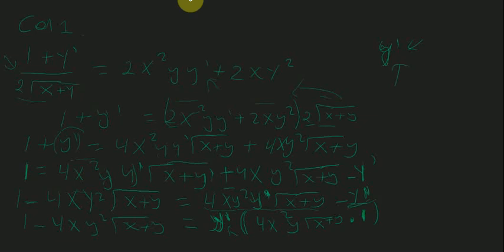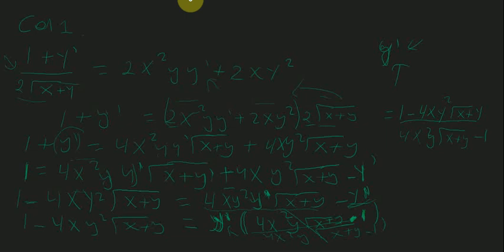Now we can say y prime is equal to 1 minus 4xy squared square root x plus y, all over 4x squared y square root x plus y minus 1.